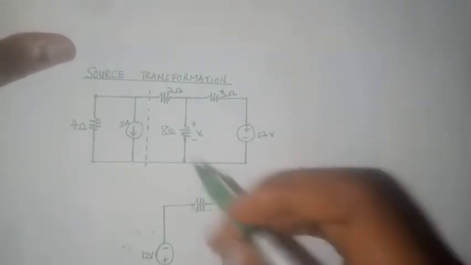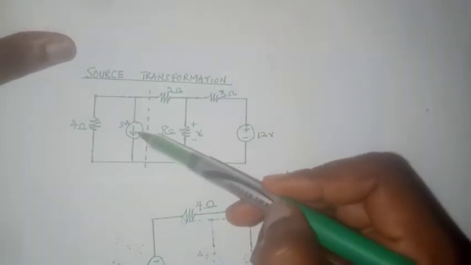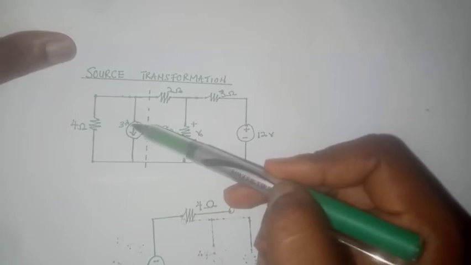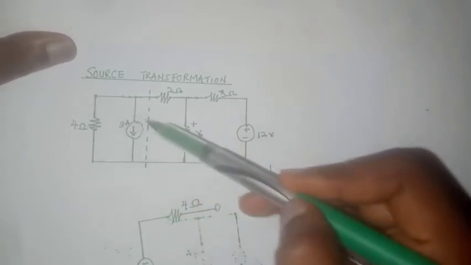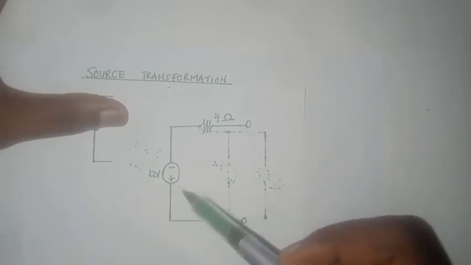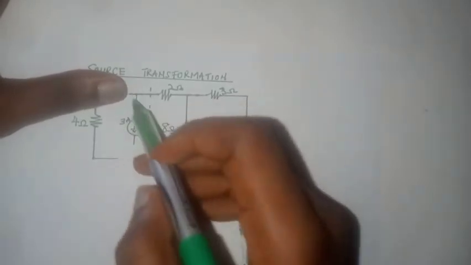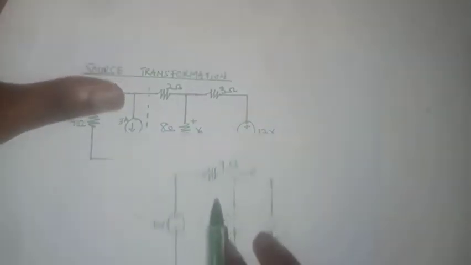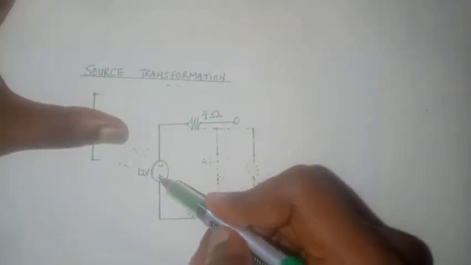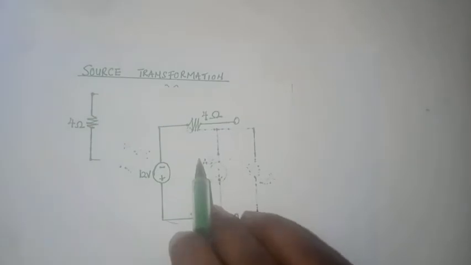We know that at this point, we can replace this 3 ampere current source and 4 ohm resistor with a 12 volt power source. Notice the direction of the positive terminal: because the current is flowing in this direction, the voltage source also has to direct current downwards.